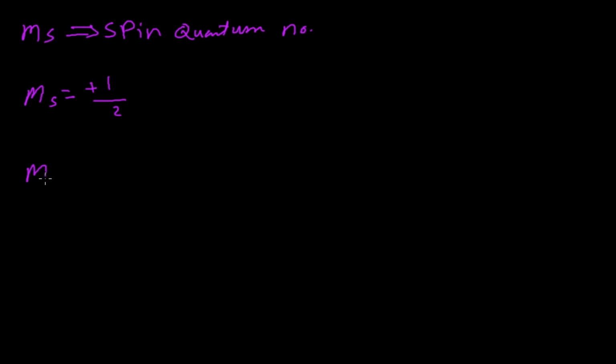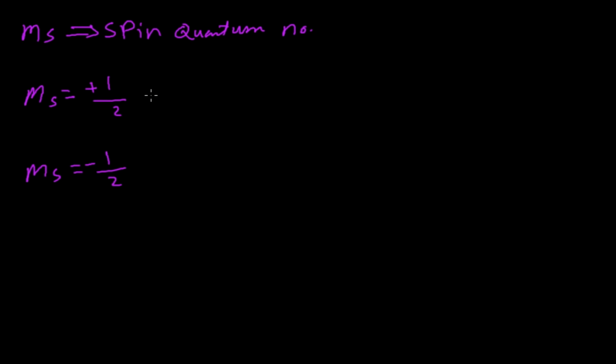Then we have the spin quantum number, which is ms. So the values for ms are either +1/2 or -1/2. What does it mean then?